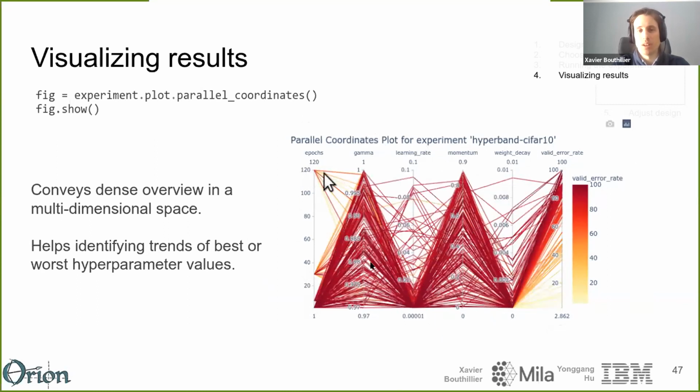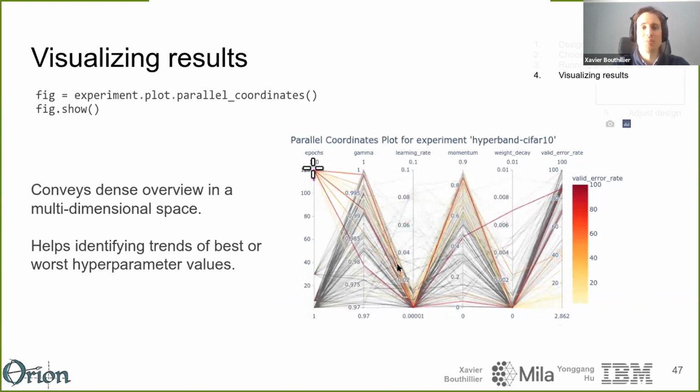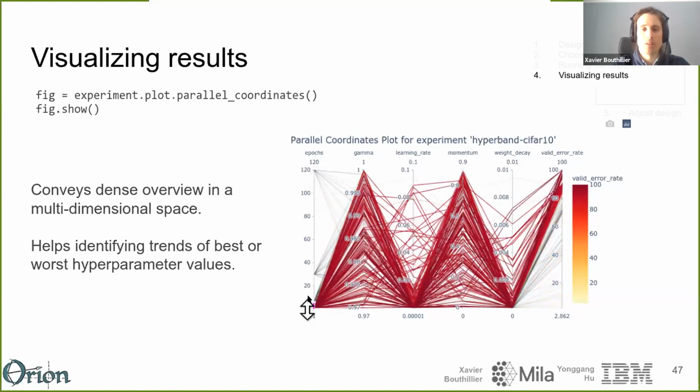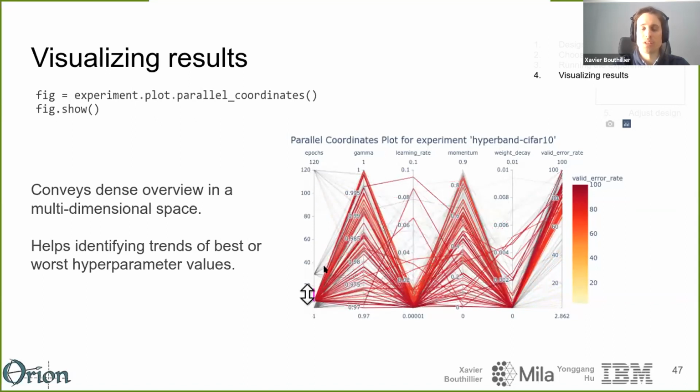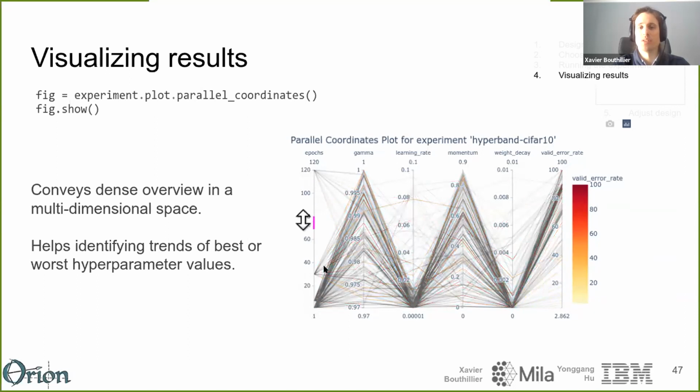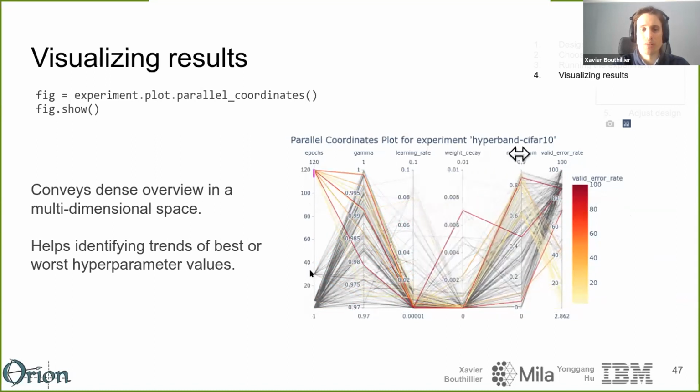As you see here, as I'm discussing, it's all moving around, because this is very useful in an interactive mode where you can move around with your cursor and highlight some subsection of the space, if you want to look at just the trials that trained until the end for 120 epochs, or those that trained until 30 epochs.